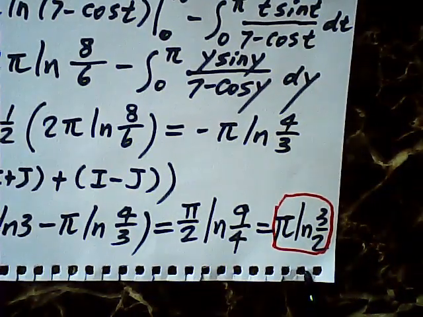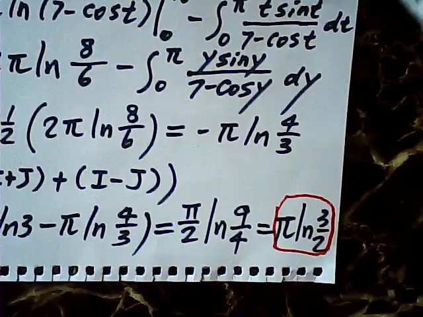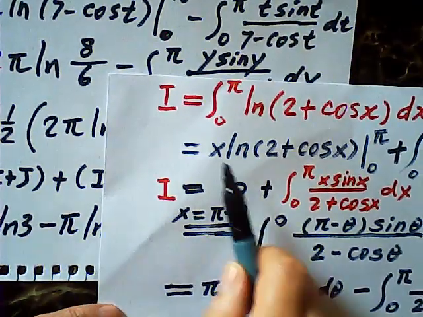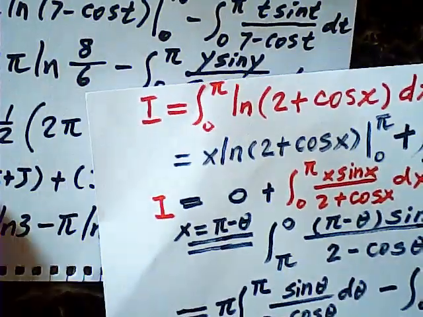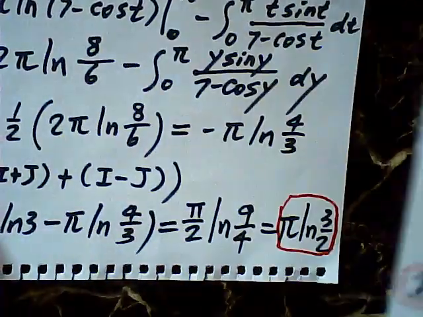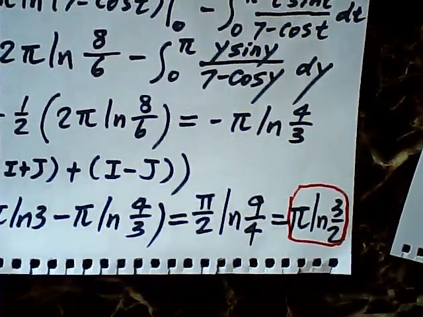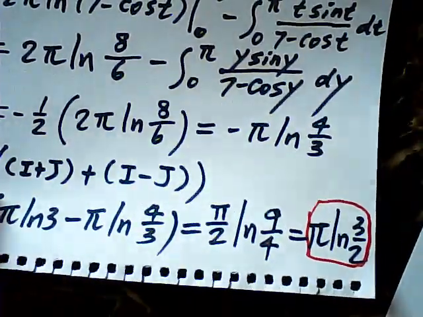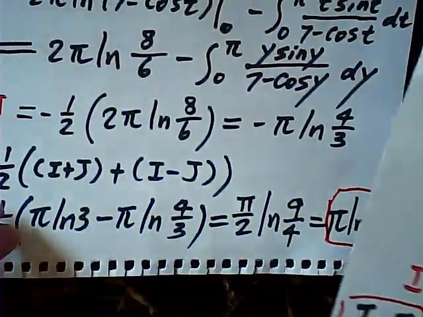So it ends up with this. That is the very answer to this integral, which I thought was easier, but is actually rather complicated. There might be other ways, but I don't believe they are easy. Thank you for watching.